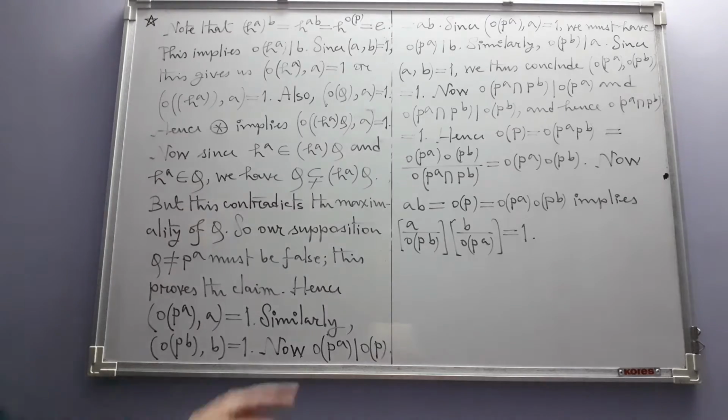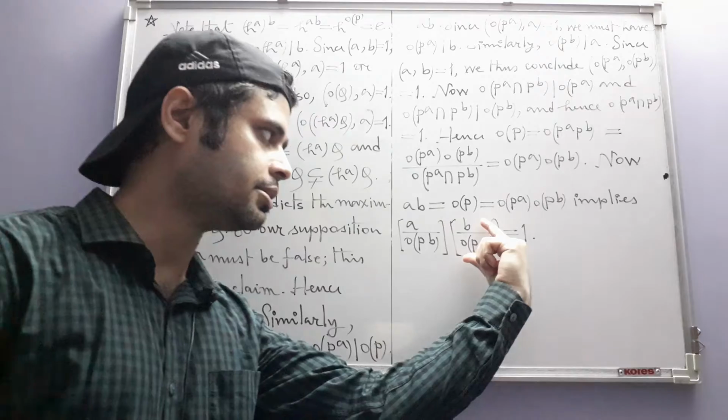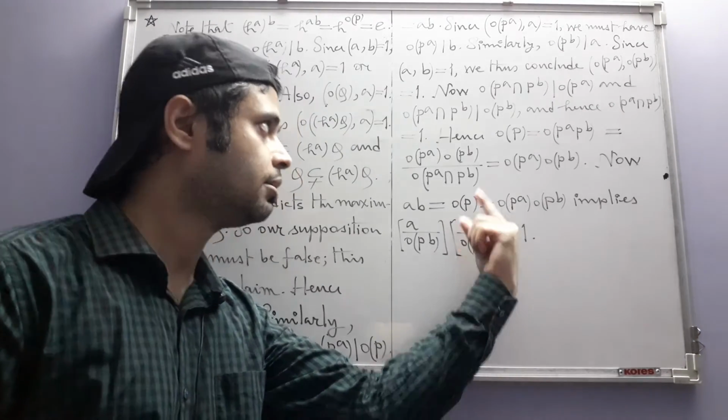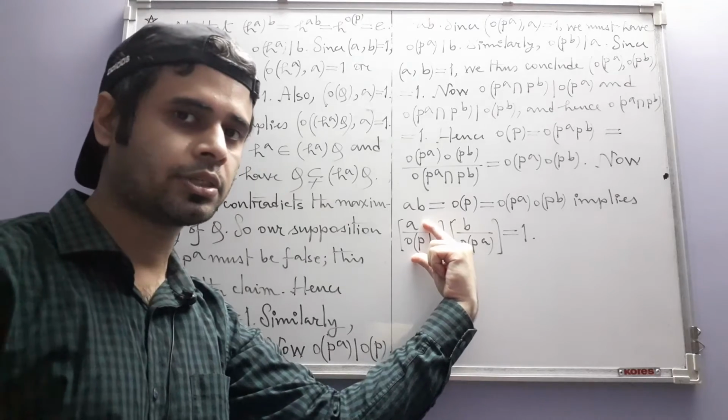Okay, now look at these divisibility relations. This one divides B, that means this is a positive integer. Just like that, since this one divides B, this is also a positive integer.